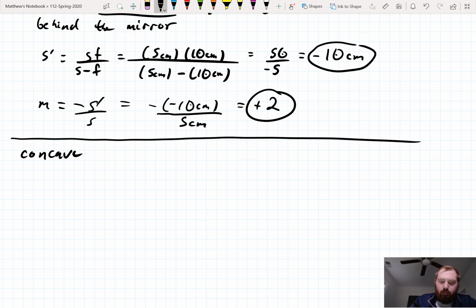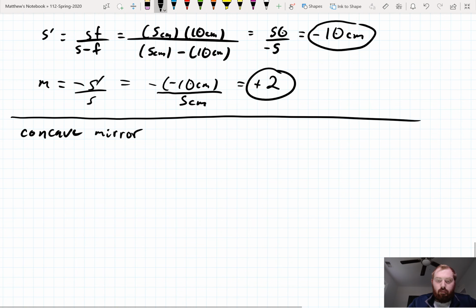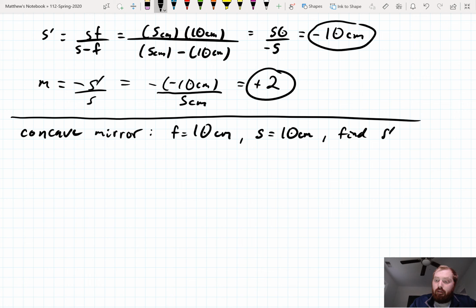Same thing, using the same mirror. Concave mirror, same focal length. S is going to be 10 centimeters. Find the image location and magnification.